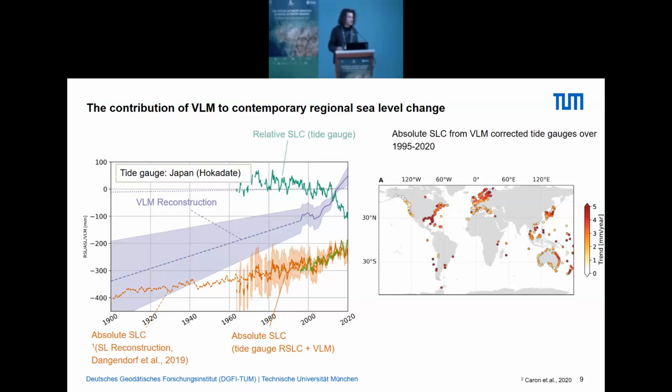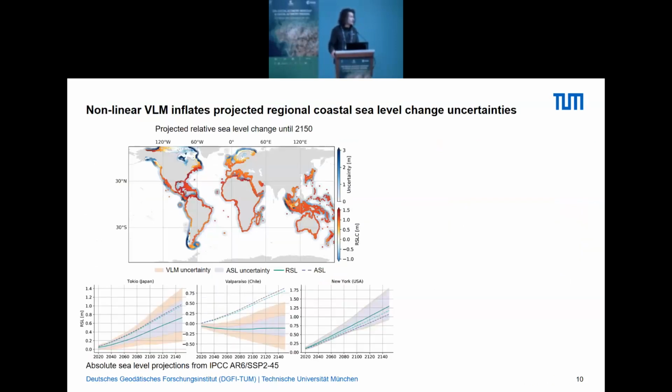So we reassessed current sea level projections and used the latest sea level projections from the AR6 assessment report. We used the middle-of-the-road emission scenario SSP2 and performed a sea level budget, adding the contributions of vertical land motion and absolute sea level change, and then we wanted to understand what the major contributions to sea level uncertainties are.